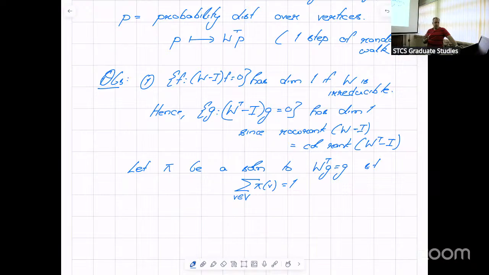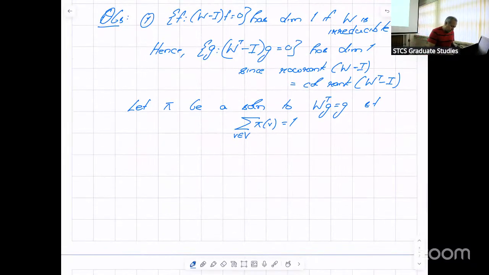Okay. So we will see a full proof of this for the case when it's an undirected graph. For a directed graph, we will come to that also. Let's look at the special case when W arises from an undirected graph.